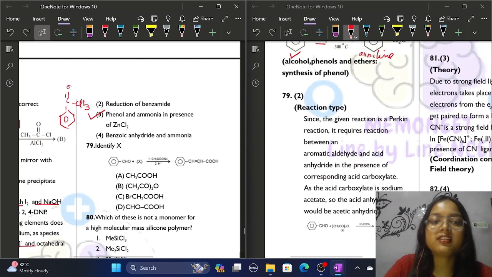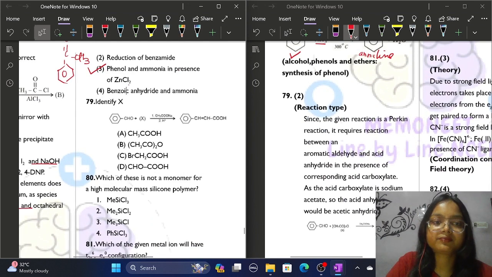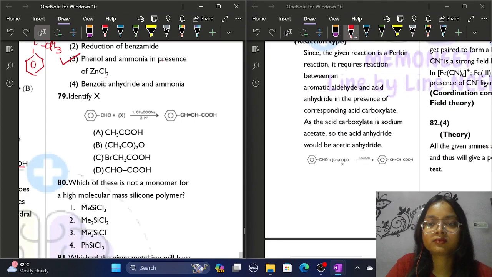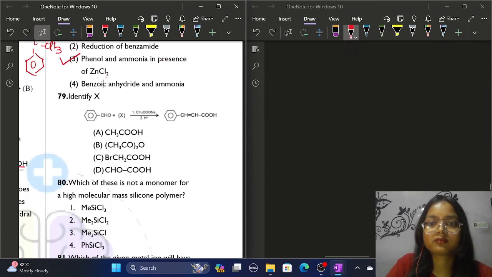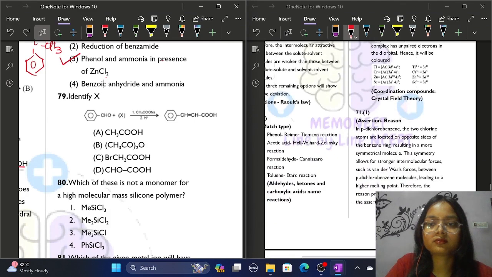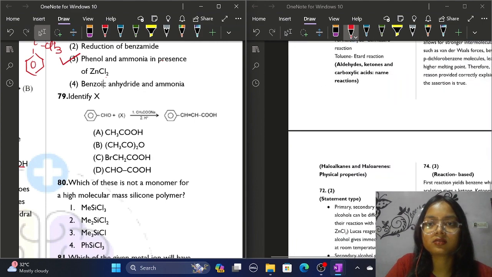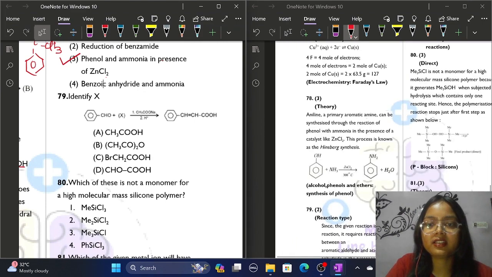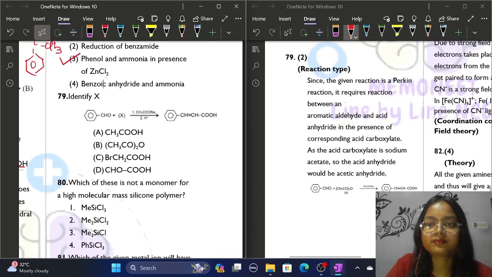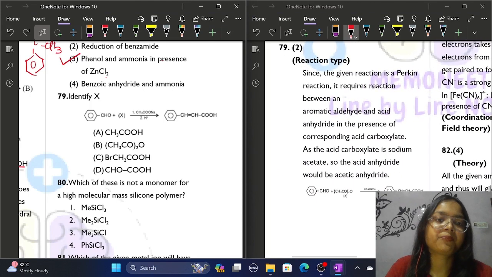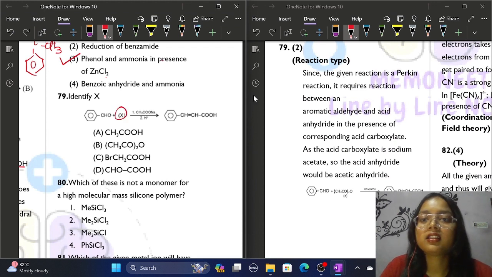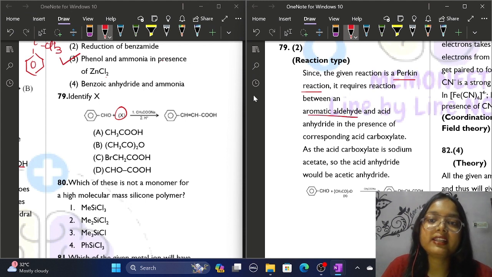So the next question is 79. We have to identify what X is here. This reaction is a Perkin reaction, and it occurs between an aromatic aldehyde and an acid anhydride in the presence of an acid carboxylate.